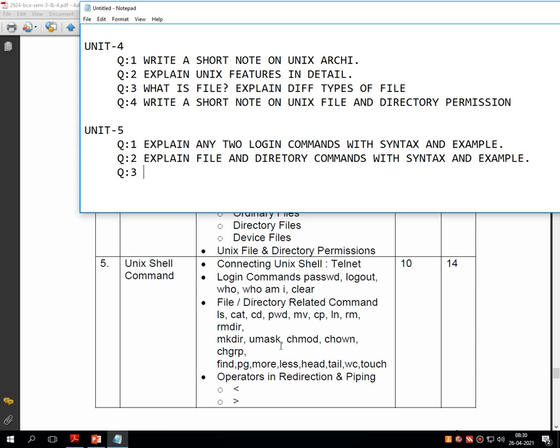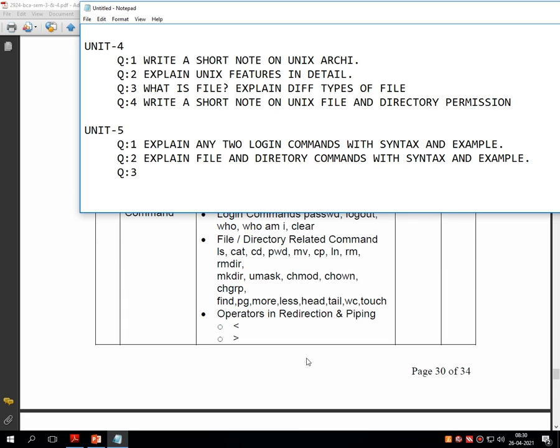Question number 3. Write a short note on Linux operators. Question number 4.